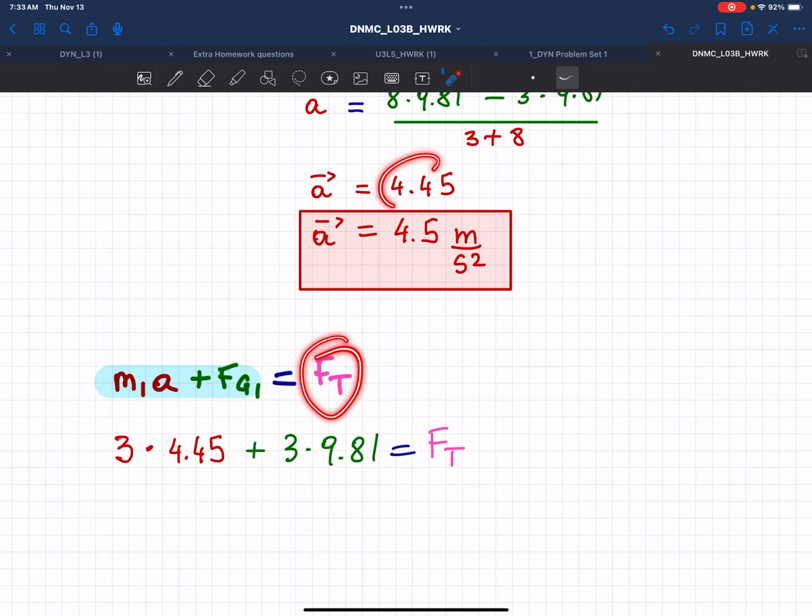If you use this number, it's going to be more accurate. So 3 times 4.45 plus 3 times 9.81, that will be the tension that the rope will have to bear.